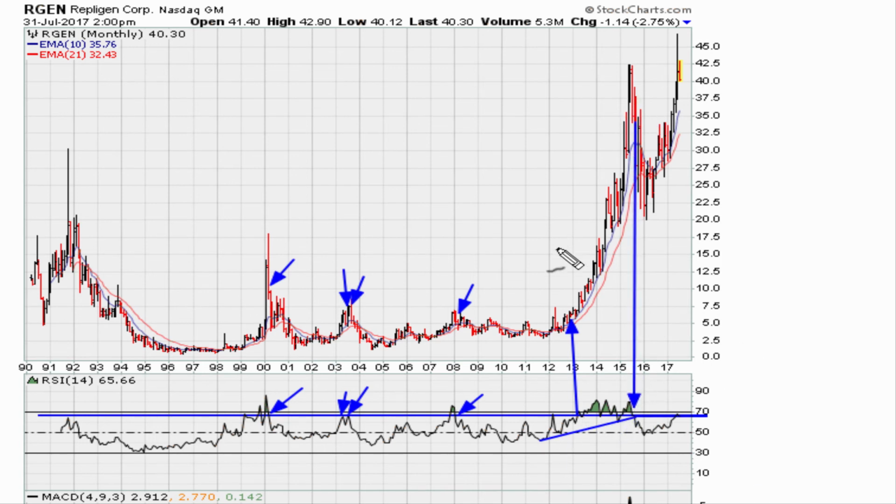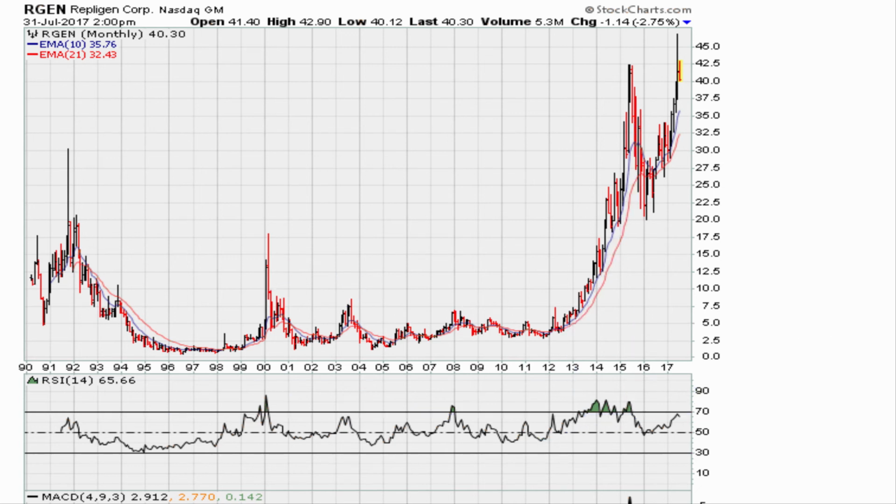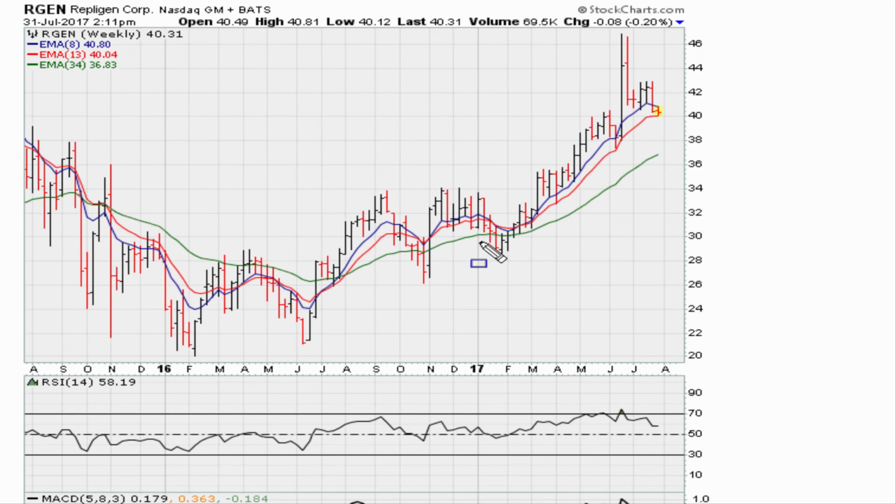So most of this move was above the blue line, and so we can see for now this looks like potential level for resistance. So keep an eye on that. Another way you can look at this is to set an alert on the weekly.